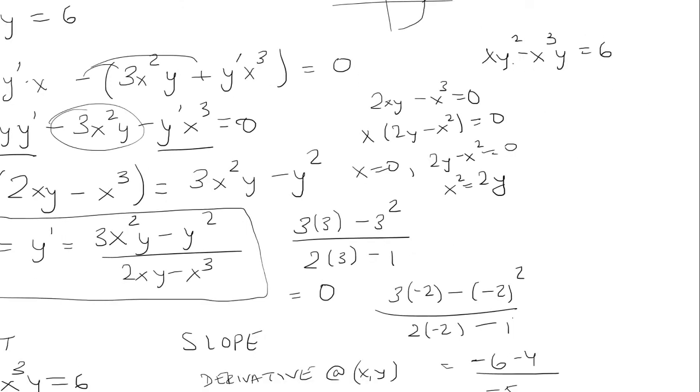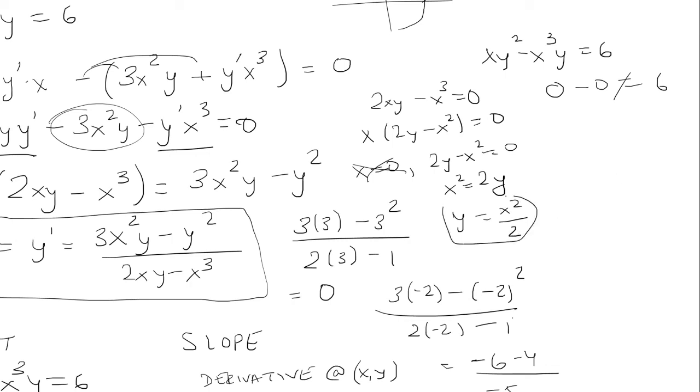So if x is 0, it is not on our graph, because you get 0 minus 0 equals 6, which does not make sense. So 0 is not part of our curve. Okay, and for x squared equals 2y, I can plug that in. So actually what I'm going to do is y equals x squared over 2.